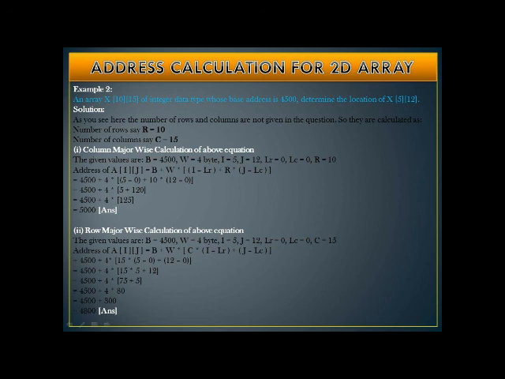In row major, we use the total number of columns, 15, and we get the answer as 4800. This is how we are going to calculate. Only remember, if the lower limit is not given as in the previous example, we take the lower limits as 0. So this is how we are going to calculate the sums.